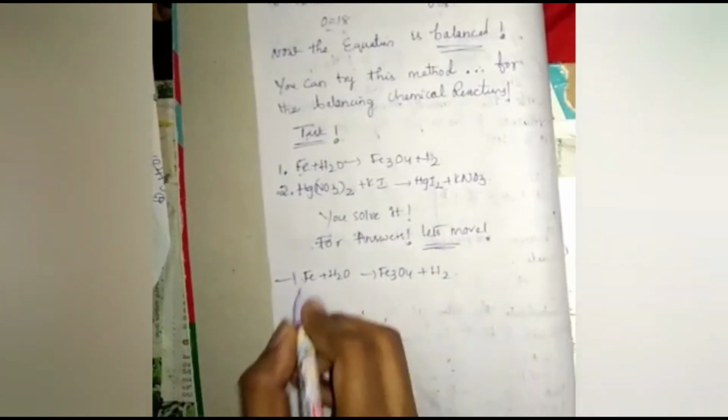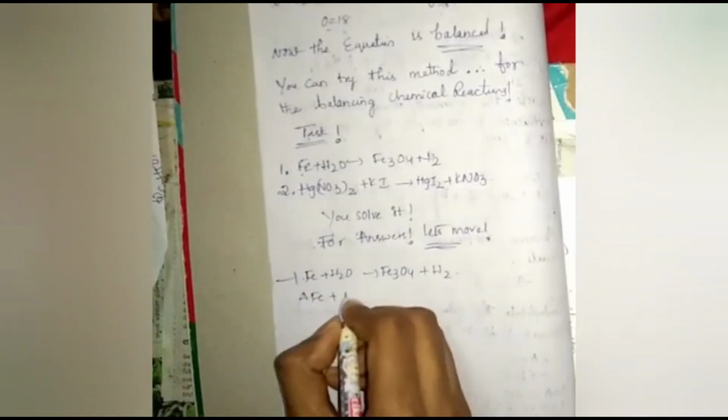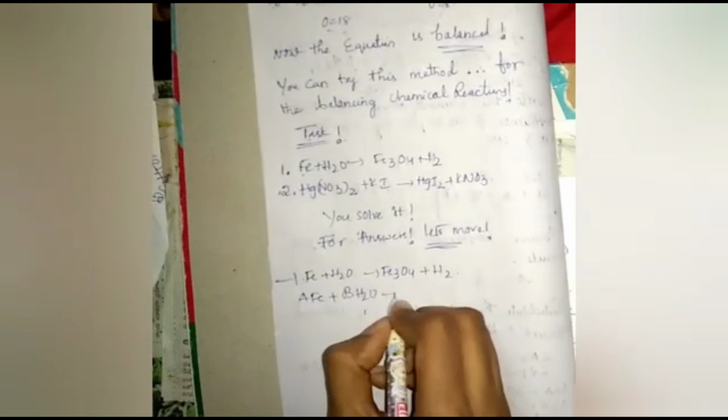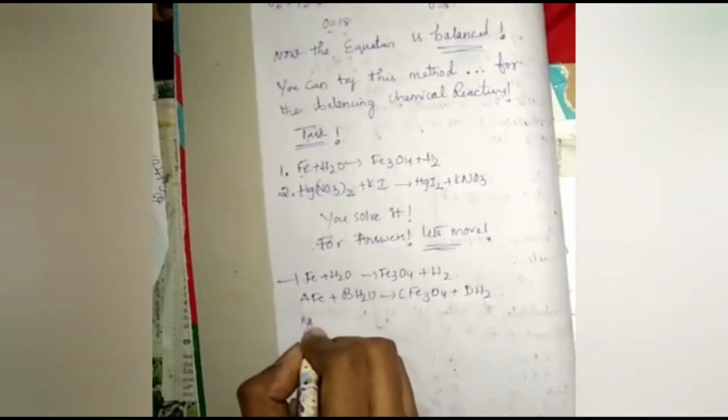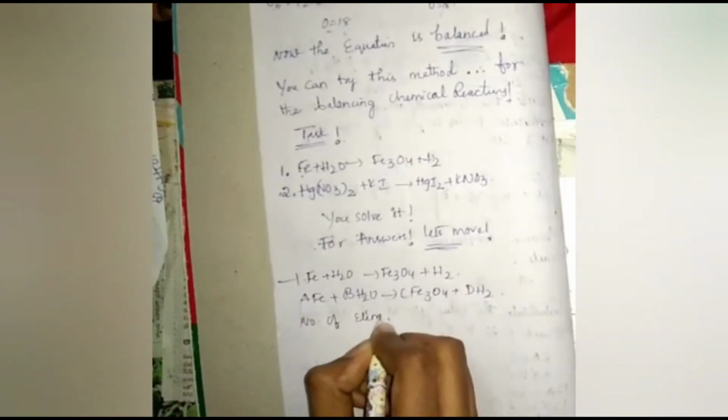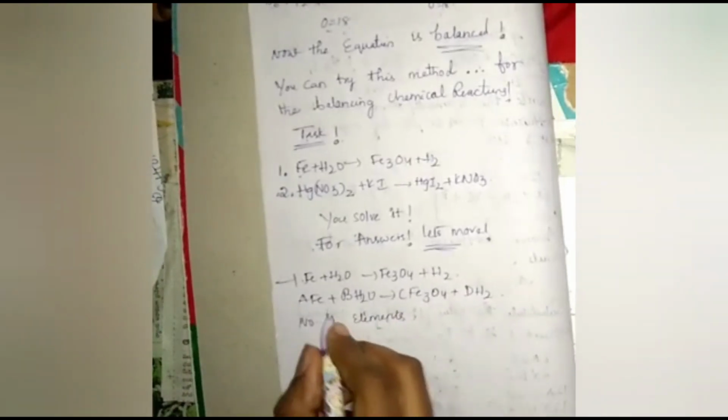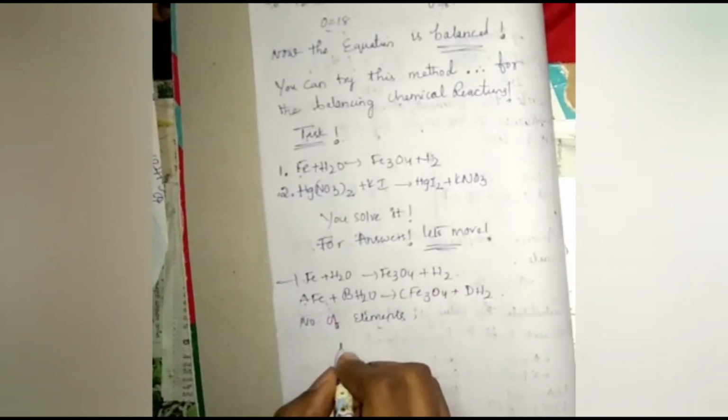First, you write the chemical reaction, that is Fe plus H2O gives rise to Fe3O4 plus H2. This is an unbalanced reaction. Next step, write coefficients for the reactants and products, that is ABCD. Calculate the number of elements in the chemical reaction, that means coefficient times subscript.